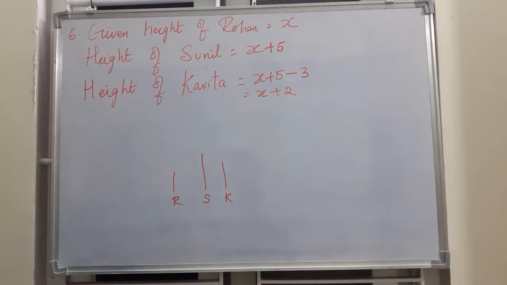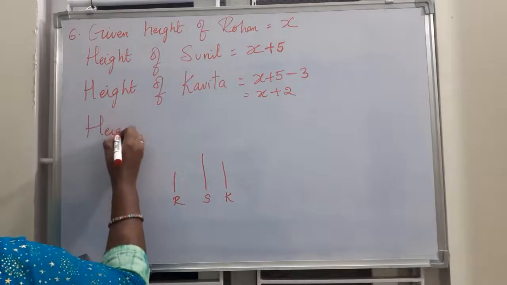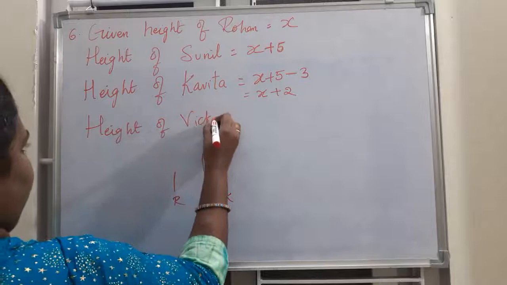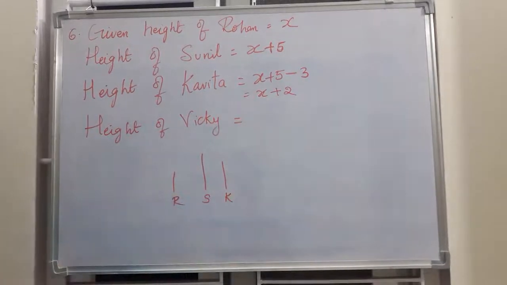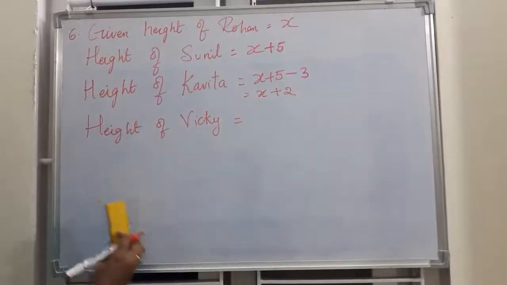Now the last fellow, that is Vicky. Vicky's height is 100 centimeters less than twice the height of Sunil. So write here height of Vicky. Vicky's height you need to find out. Now remove all these things. Come to Vicky.